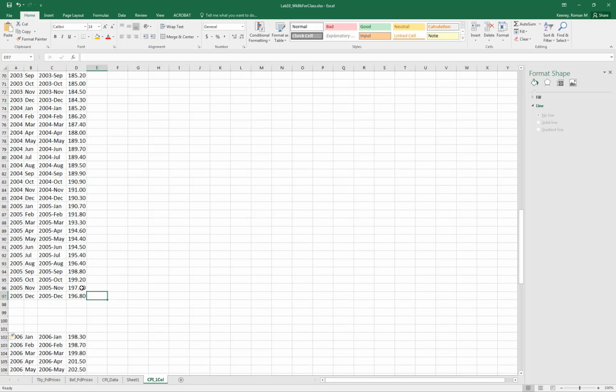One way I could do that would be to set this price to the right equal to the one above it. So in December of 2005, the November price is the 1 period lag. The 2 period lag is the October price. And then the 3 period lag is going to be equal to the September price. So now I have December, November, October, September.